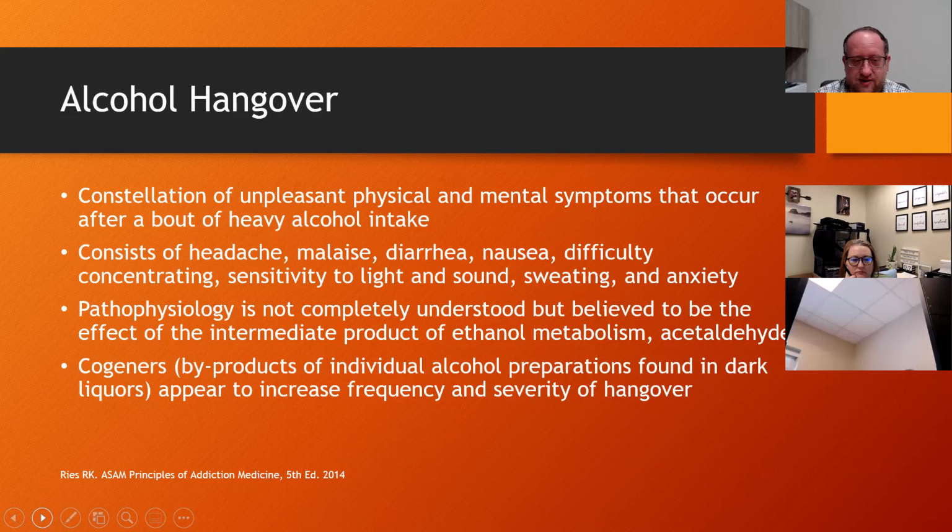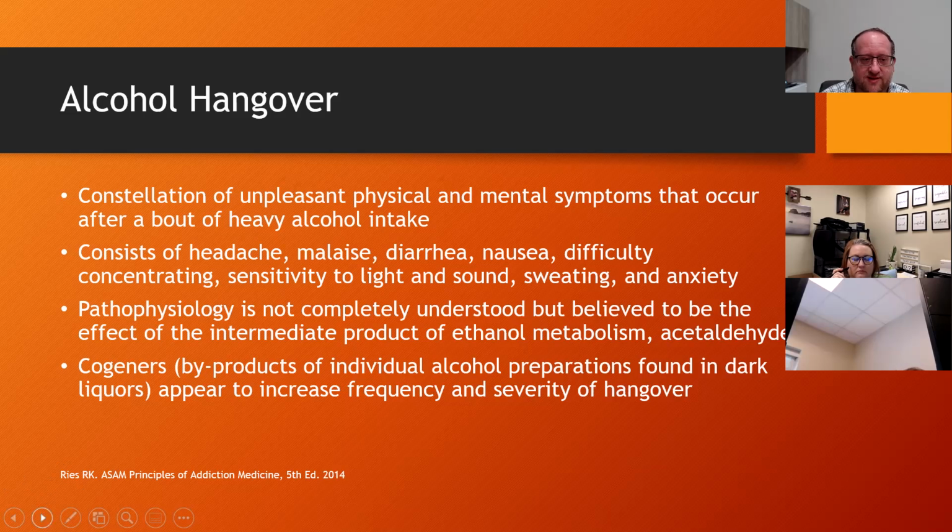We don't completely understand the pathophysiology of it. Maybe it's due to buildup of one of the alcohol metabolites that we talked about in the pharmacology of alcohol, acetaldehyde, but we don't know that 100%.